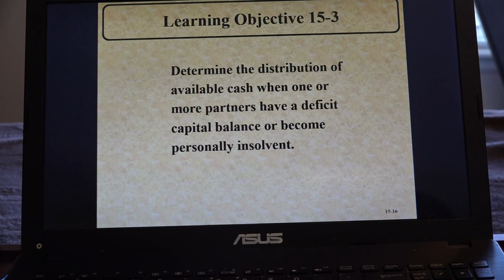So from a legal standpoint, the other partners are just really kind of bystanders, victims in this if one of the other partners becomes personally insolvent, because his creditors can go after the assets of the partnership.